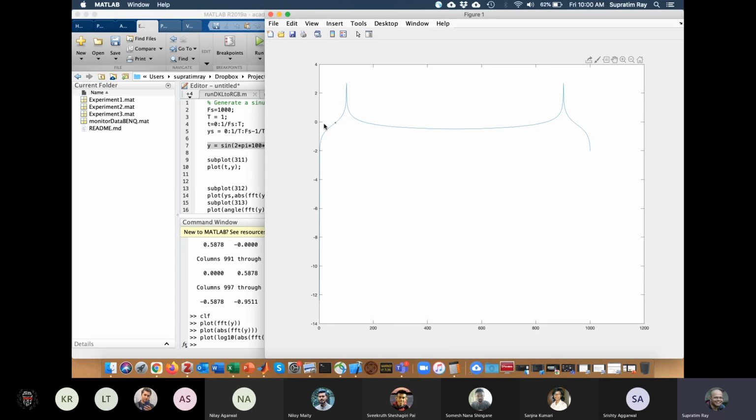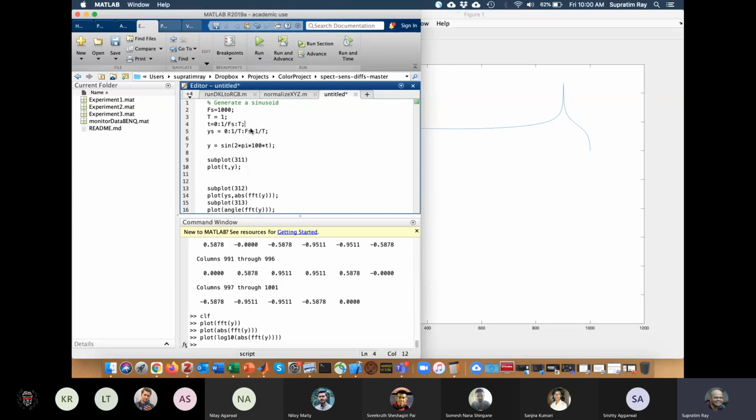And that's because now the sinusoid doesn't have a complete integer number of cycles. Think about it, even a small change like this, like looking at an interval over which the sinusoid doesn't have an integral number of cycles, can actually change the Fourier transform quite drastically.